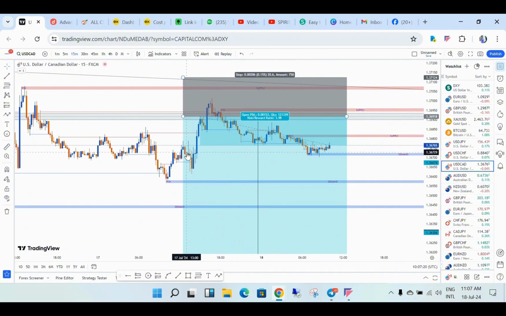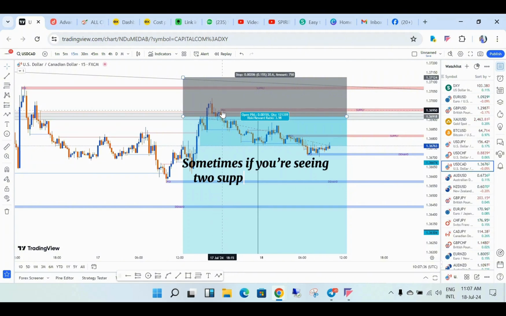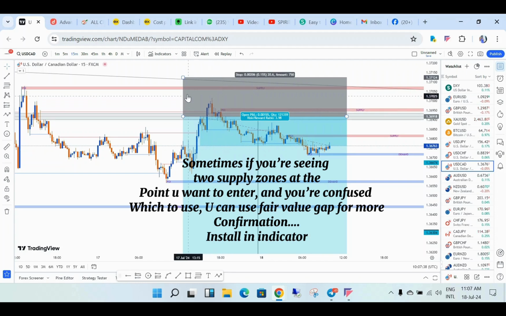So that's where price was. I knew price was going to push back up. It's either going to respect this first supply zone or respect this second one. So I decided to just go with this one, and make sure my stop loss is above the second one.